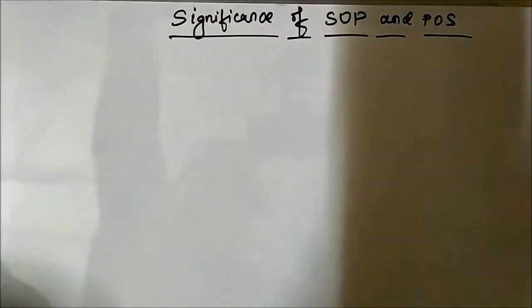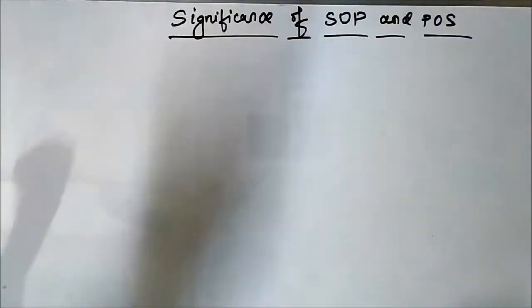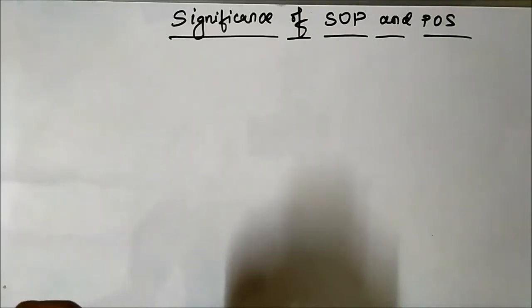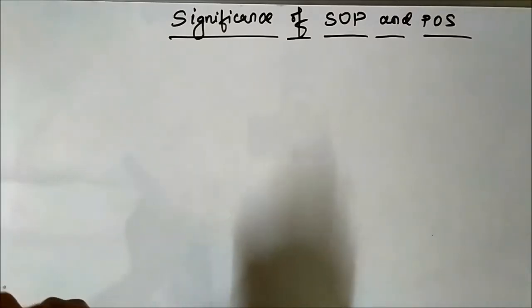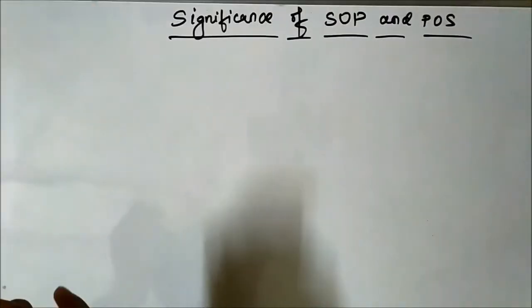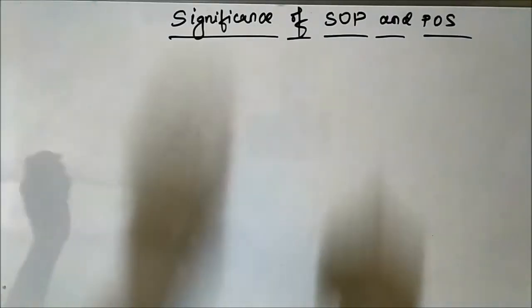What do they signify? We have to understand that. What is the significance of the SOP and POS Boolean expressions? We will try to understand that in the next set of videos.